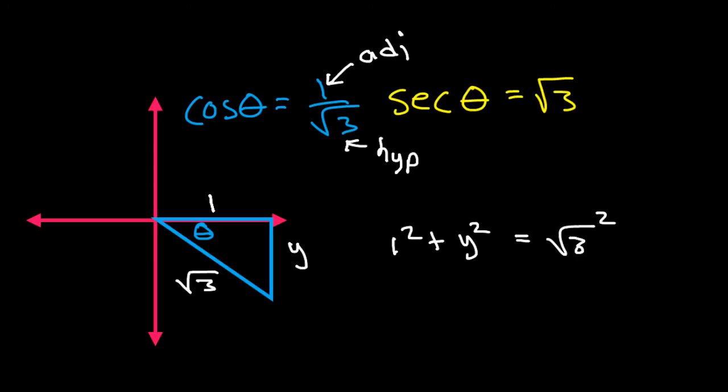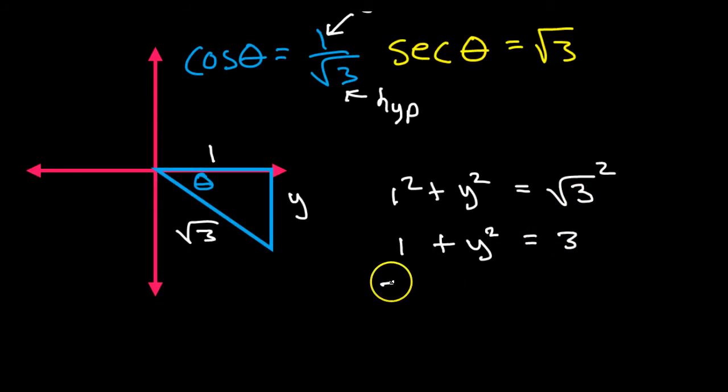That's a horrible 3. OCD. So there we go. That's going to give me 1 plus y squared. Now if you square something that's in a radical, the radical just goes away.